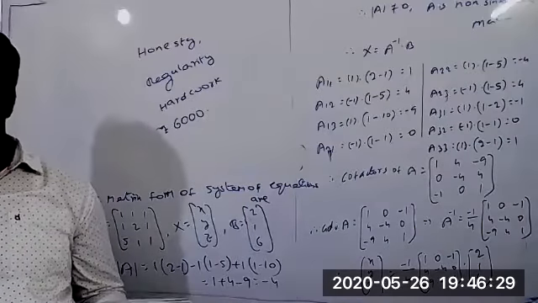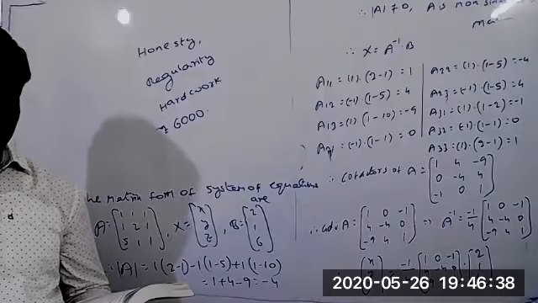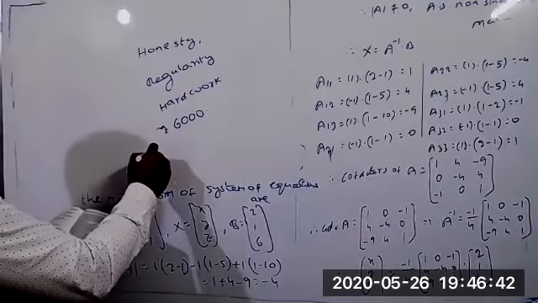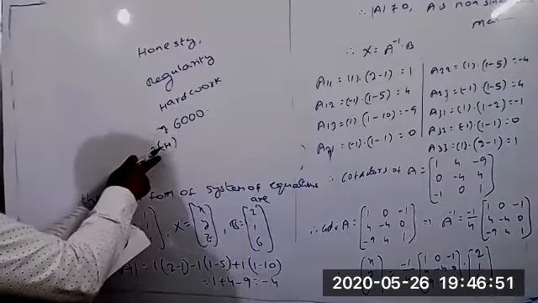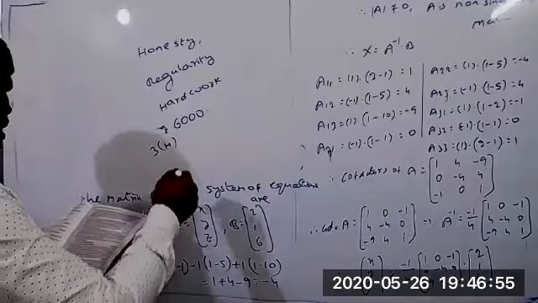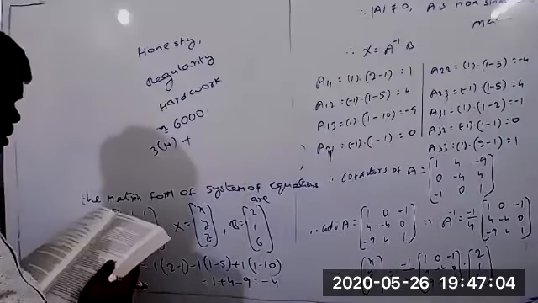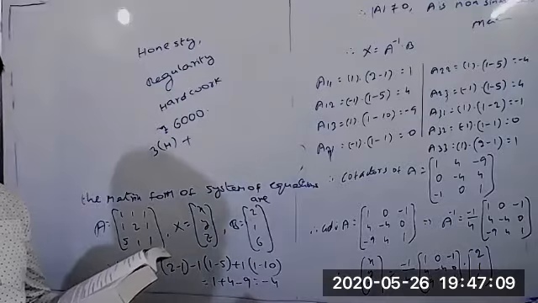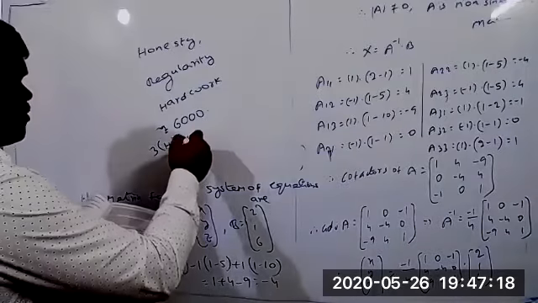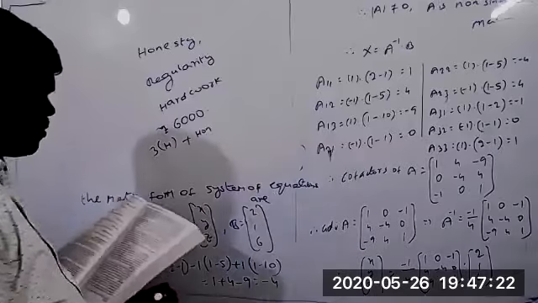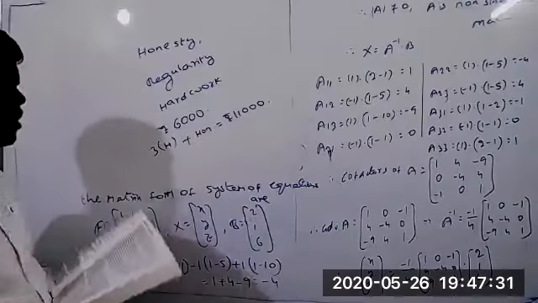Full stop. 3 times the award money for hard work added to that given for honesty amounts to 11,000 rupees.